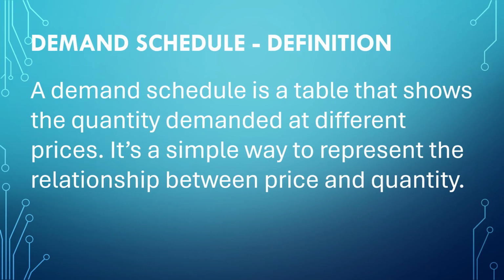What does it tell us? At price 2, buyers want 20 cups. At price 10 Ghana cedis, buyers want only 4 cups. As the price increased from 2 to 10, the quantity demanded fell from 20 cups to 4 cups. This confirms the law of demand.